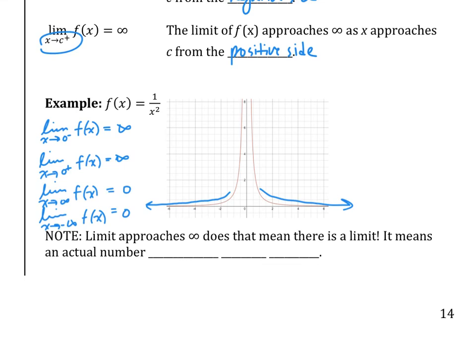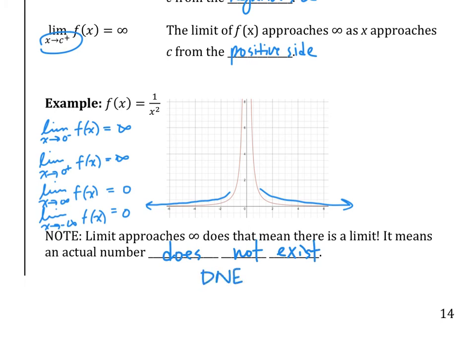So we don't consider infinity a limit. It's just a placeholder saying that it's really large. So instead of saying infinity, we can also say that the limit does not exist, or DNE for short.